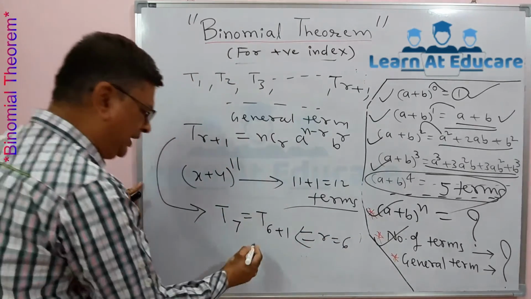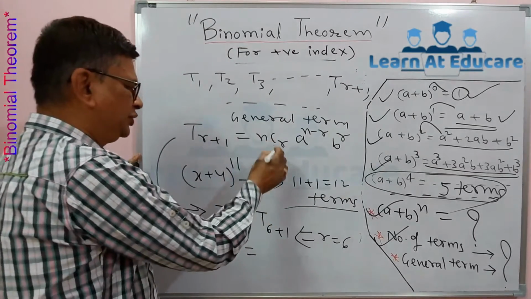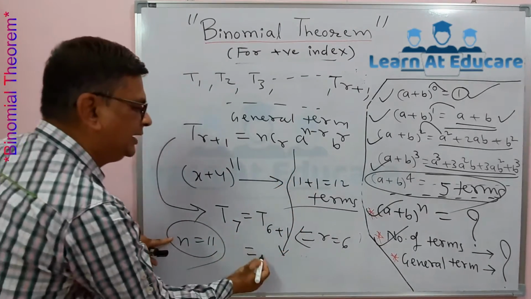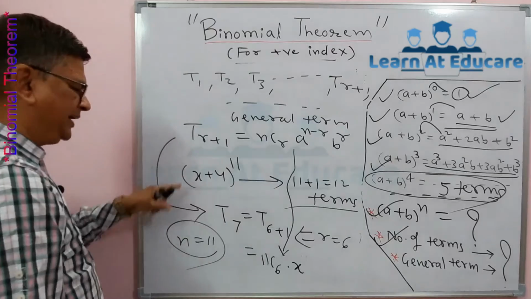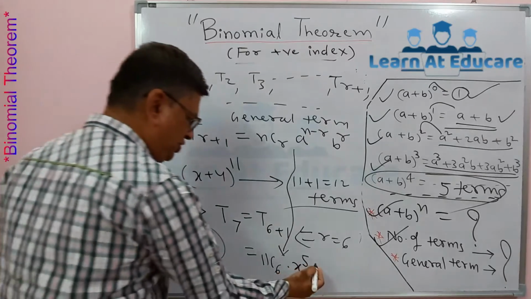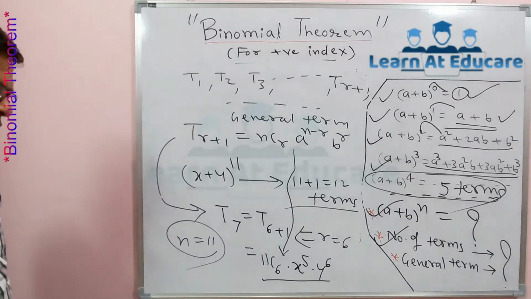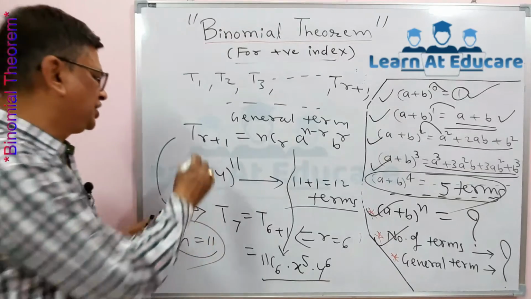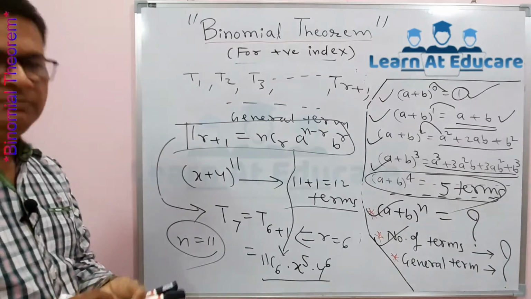And then using that formula we have here n equal to 11, means according to the formula nCr into a raised to n minus r into b raised to r, it will be 11C6 into x raised to n minus r, means 11 minus 6 which is 5, and into y raised to r, here 6, means that will come something like this. And we already know how to find 11C6 using our nCr formula. So that is the general term formula in the general binomial expansion of (a plus b) raised to n.